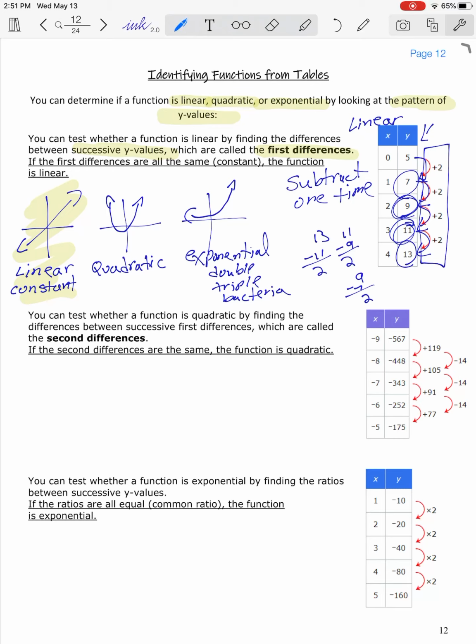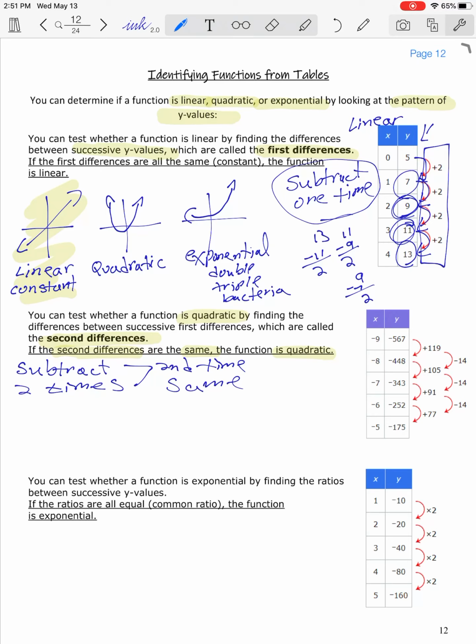Now, my next pattern would be a quadratic. A quadratic is similar. So we can test if a function is quadratic using the second differences. If the second difference is the same, then it is a quadratic. So that means instead of subtracting one time, right here we subtracted one time. Do you all agree? Here we're going to subtract 2 times. And the second time must be the same.